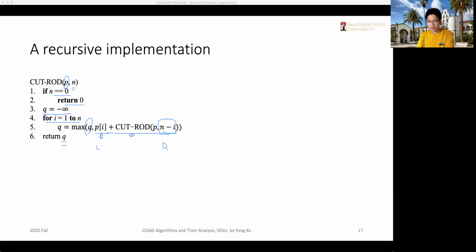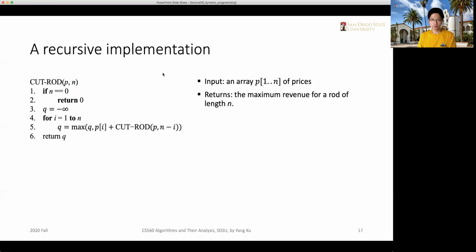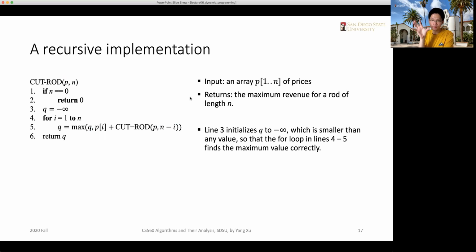And of course, in this cut rod, there will be further recursive calls. This is how the algorithm can be implemented.